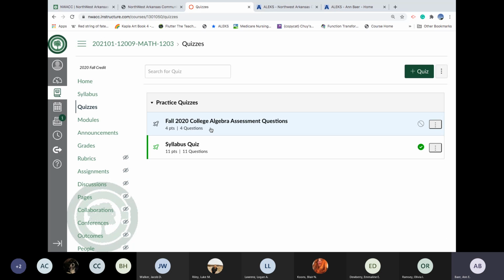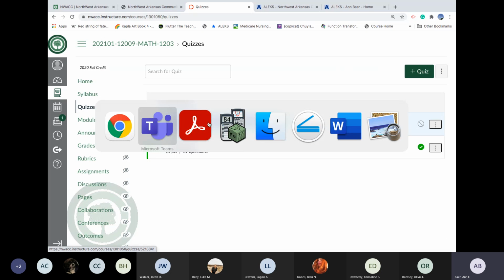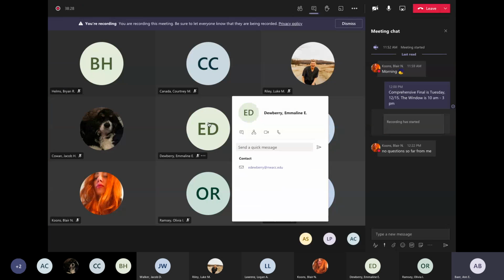So any questions on that process? So I think I try to keep it as self-explanatory as possible. When I was first thinking about it, I'm thinking, oh, I've got to do all of this. And it's because there's no way for me to enter my own or the department's questions. They use a different software because most of the college algebra instructors, except for me, teach with a different software.